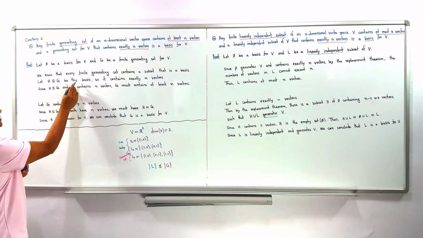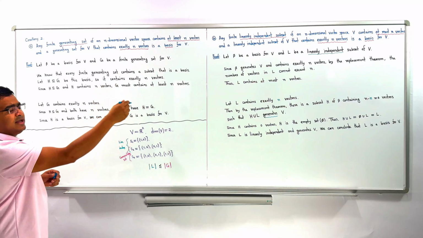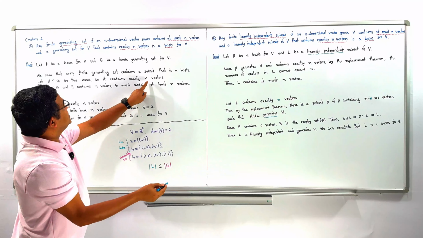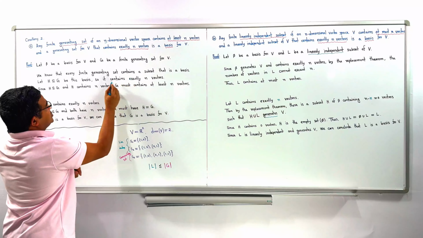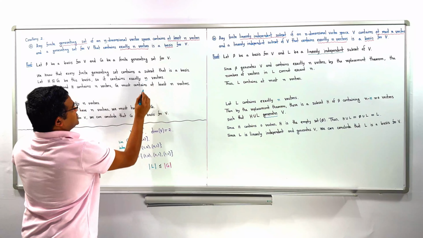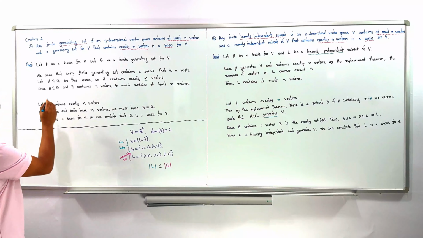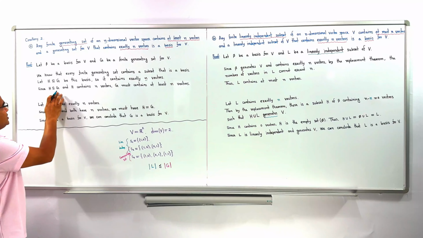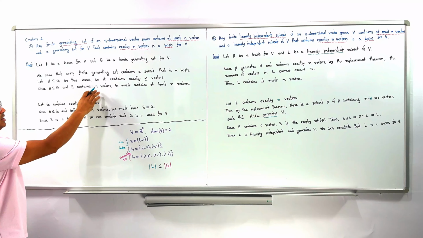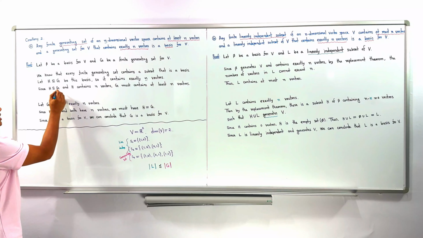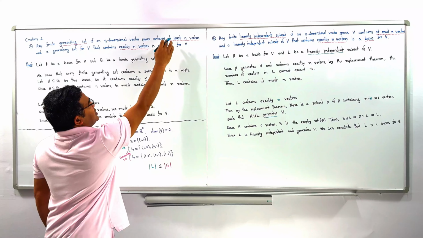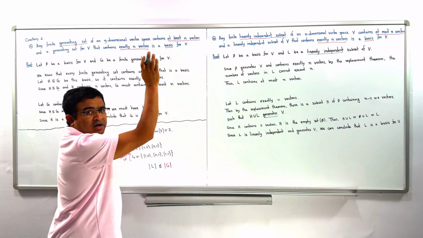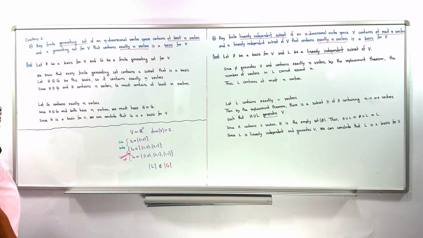Since H is a basis, it contains exactly the same number of vectors as the dimension of the vector space V. The dimension is n, so H contains n vectors. Since H is a subset of G and H contains n vectors, the number of vectors in G should be at least n. We are done with the first part.